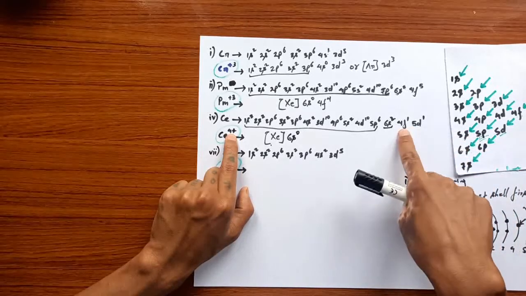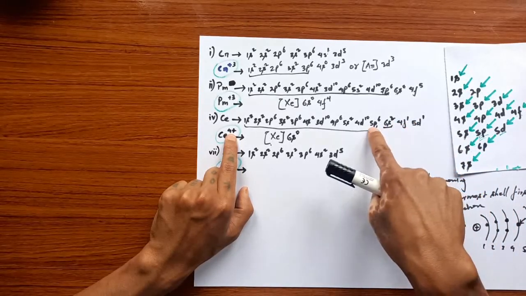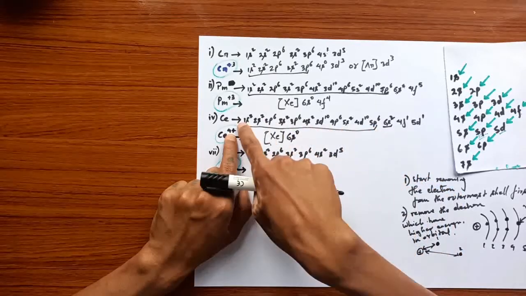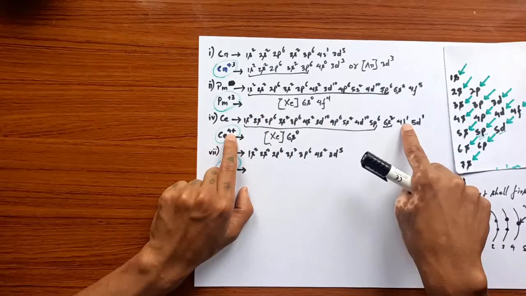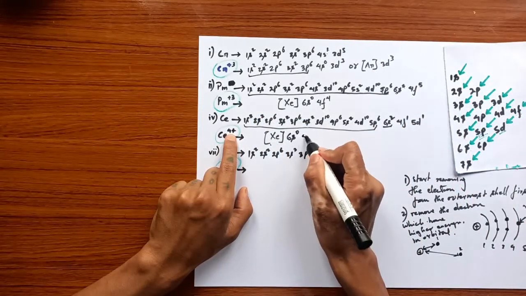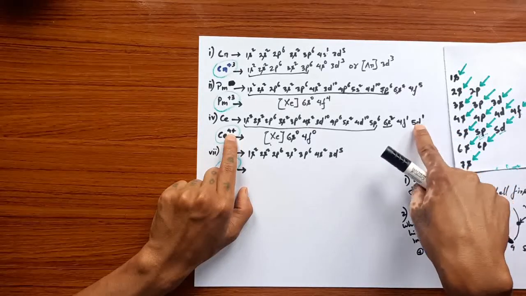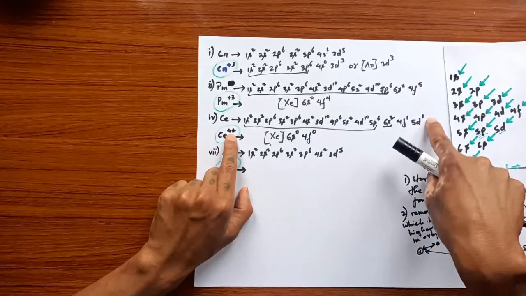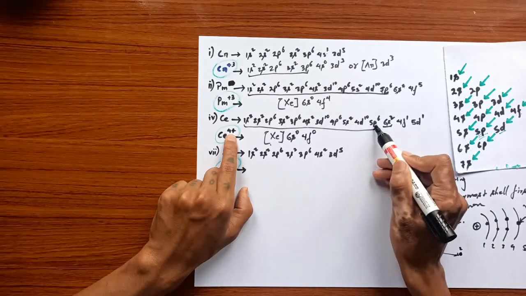And then we remove the electrons from the 4f, because 4f is higher energy than 5p here or any other group orbitals here. So we're going to have 4f0 again, and we also remove the electrons from the 5d orbital, which has higher energy than 5p here.